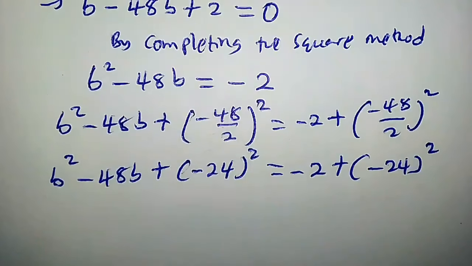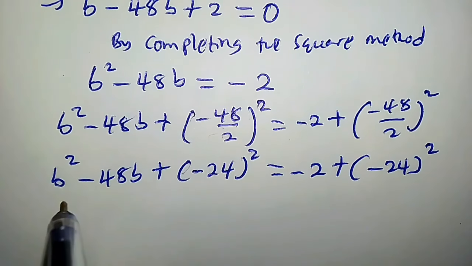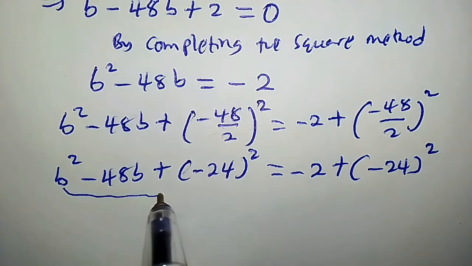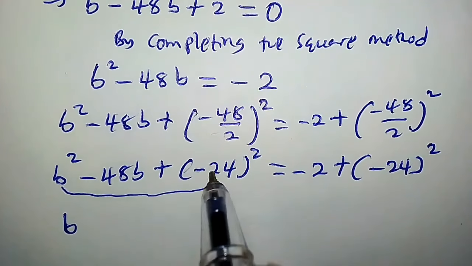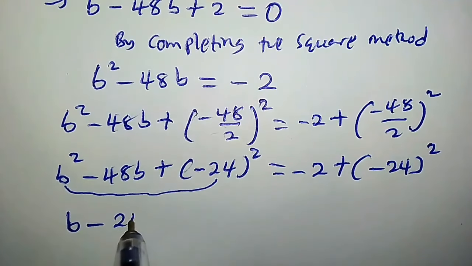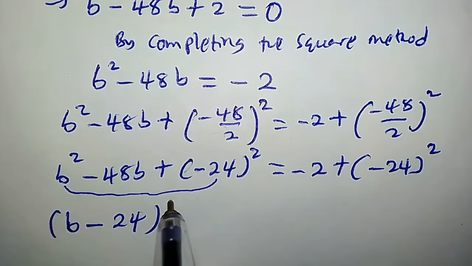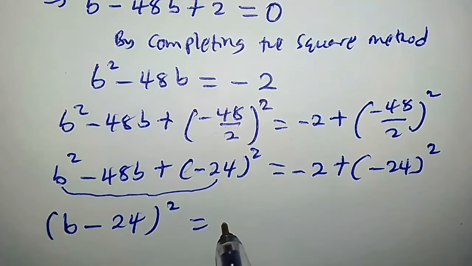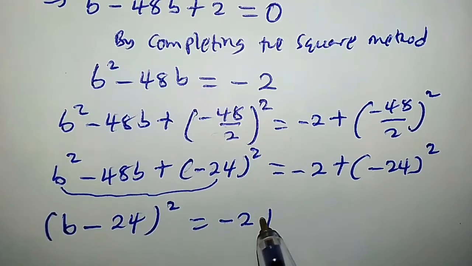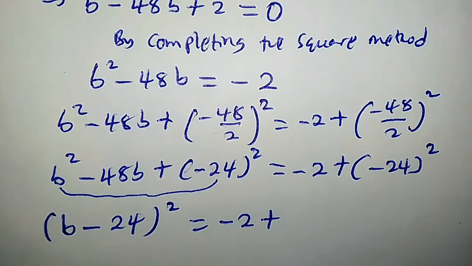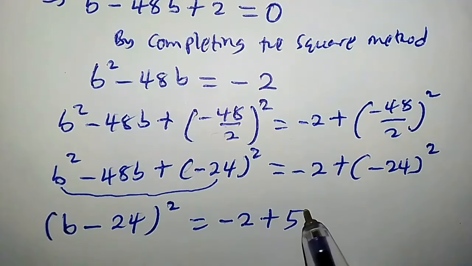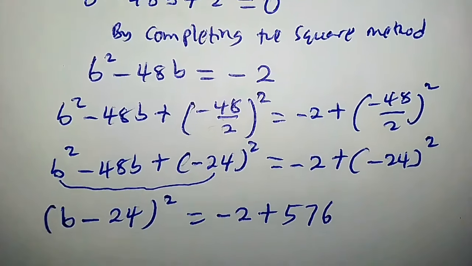Let's proceed further. We can combine this left hand side. So doing that, we have b minus 24 all squared equal to minus 2 plus minus 24 all squared, that is simply 576. Let's continue.